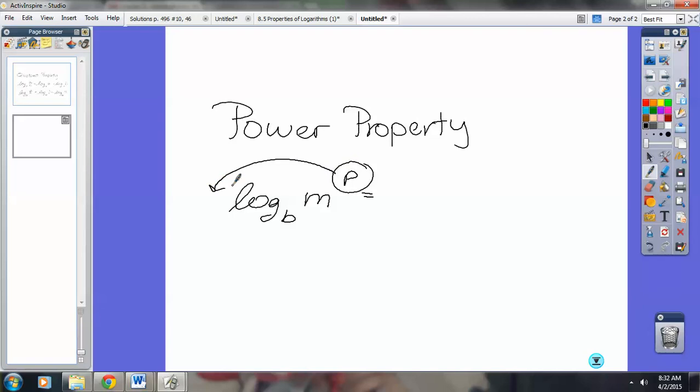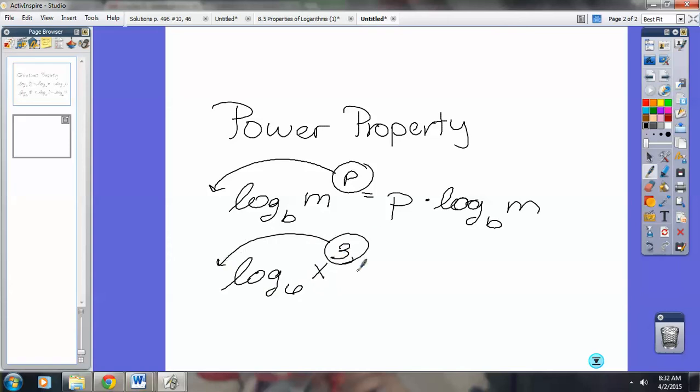So on your paper, it looks like P-L-O-G, doesn't it? It's really P times log base B of M. It's not really log. P times log. So as far as an example, let's say we have log base 6 of x to the third power. We can write that exponent of 3 in the front. So it would be 3 times log base 6 of x.